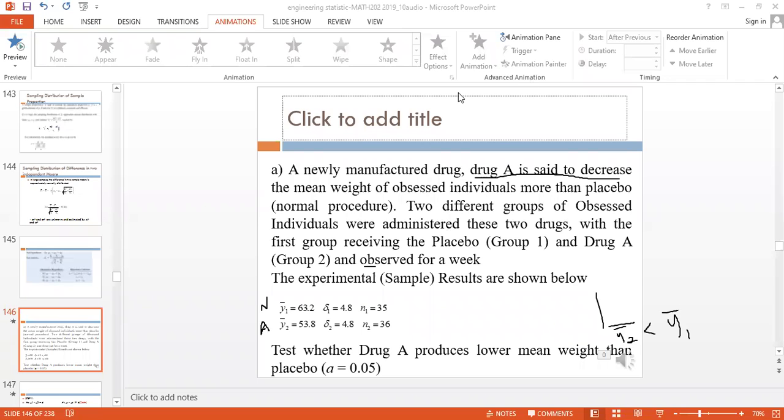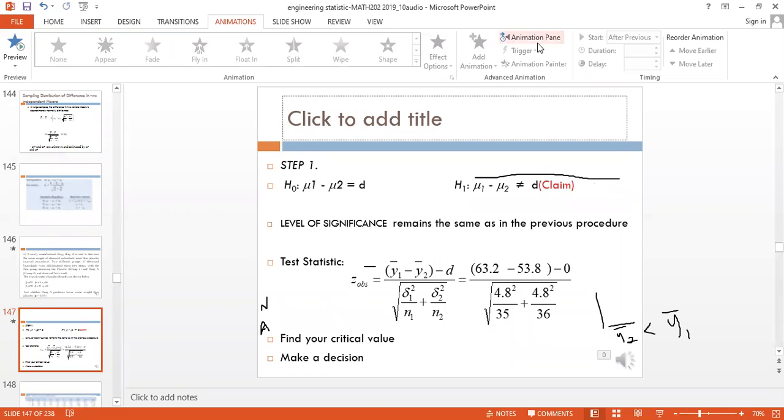If that is so, then one of our hypotheses is going to be, let's move on. So if that is so, then we are saying that mu2, which is for drug A, the average for drug A, should be less than the average for the normal procedure.